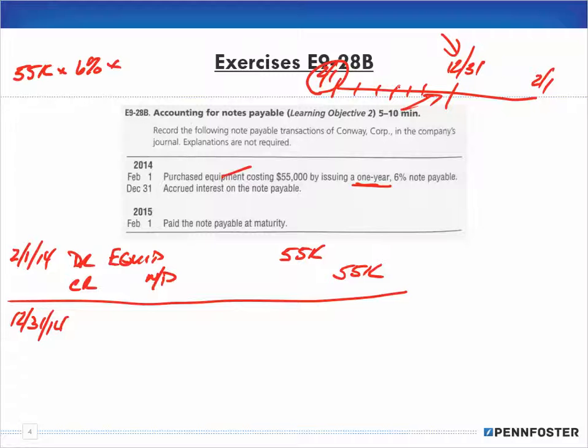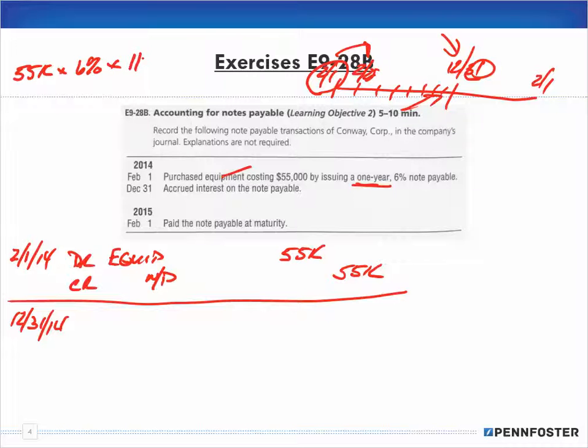I have the full month of February, because this is the end of the month, February 28th. So I have all of February, all of March, April, May, June, July, August, September, October, all of November, and all of December.